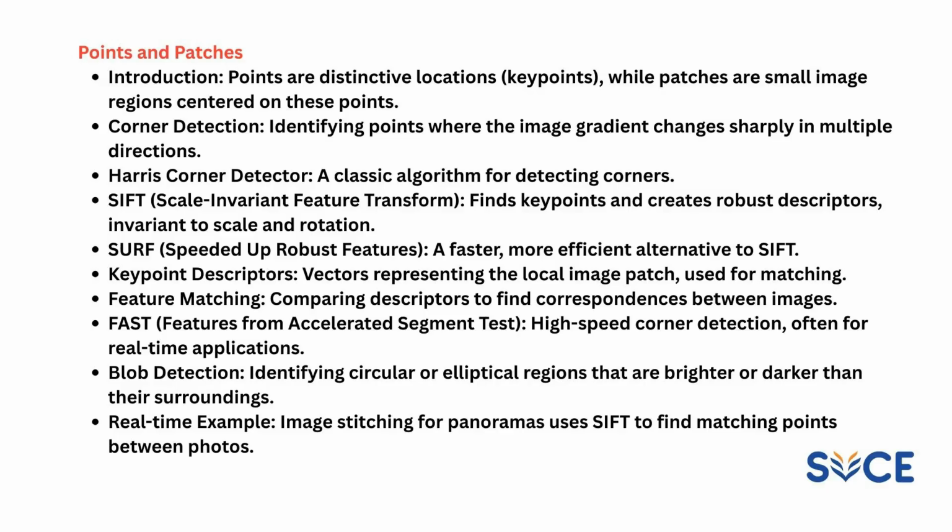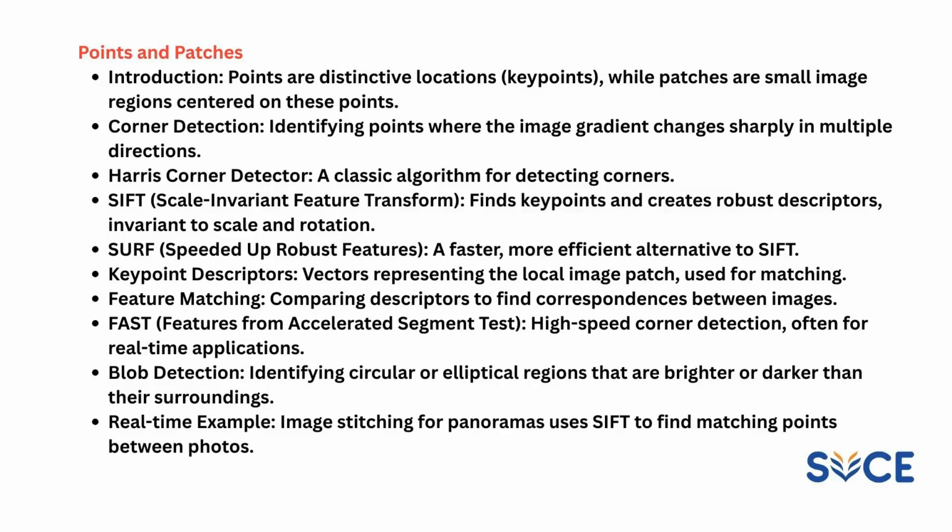These are the landmarks you use to identify them. In computer vision, we give computers the same capability by teaching them to find and remember points and patches. A point is just a distinct pixel location, like a sharp corner. A patch is a small area of pixels around it.